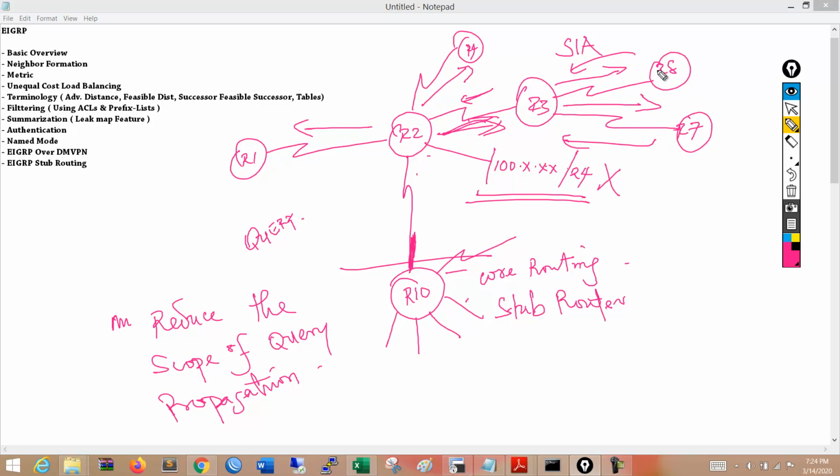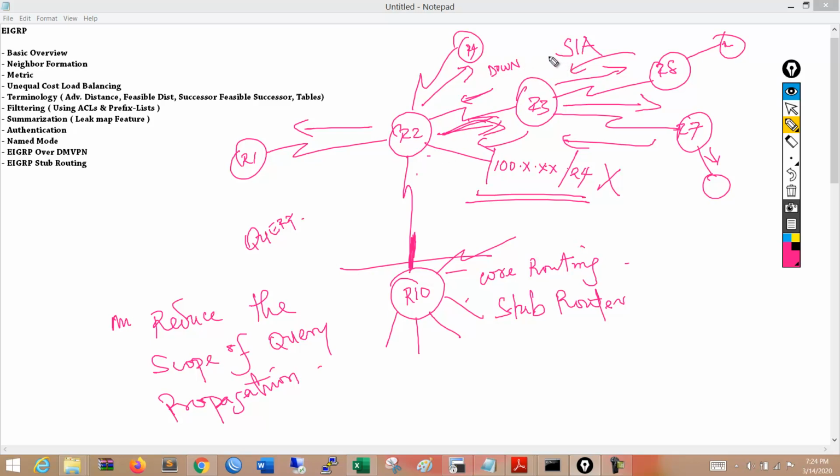If he doesn't get all the replies from all of his neighbors, and these guys will also continue to send queries to their directly connected neighbors, it's an endless querying for a single route that was lost. So if router 3 is not able to reply to router 2 after a given time, router 2 by default will consider that neighbor to be down just because it has not replied to its query.